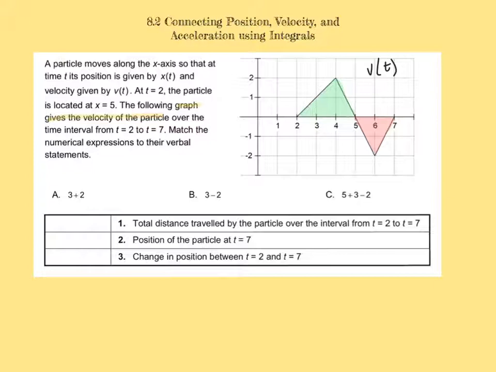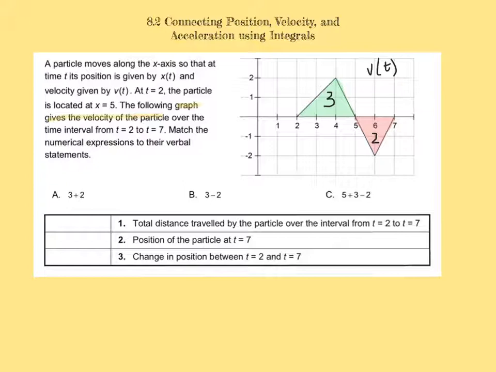So if we look at the area of each one of these sections, the area of this green triangle is 1/2 base times height, so it's 1/2 times 3 times 2. That gives us an area of 3. And then the area underneath this red triangle is 1/2 times 2 times 2, so that's 2.